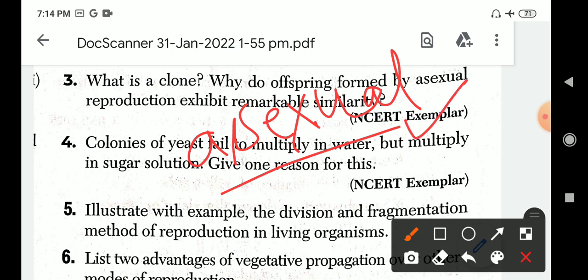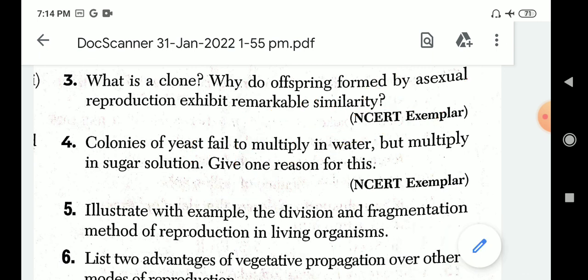Because the DNA is not intermixing and only one parent is involved, same copies of the offspring are formed, which are similar to each other. So these are called clones.